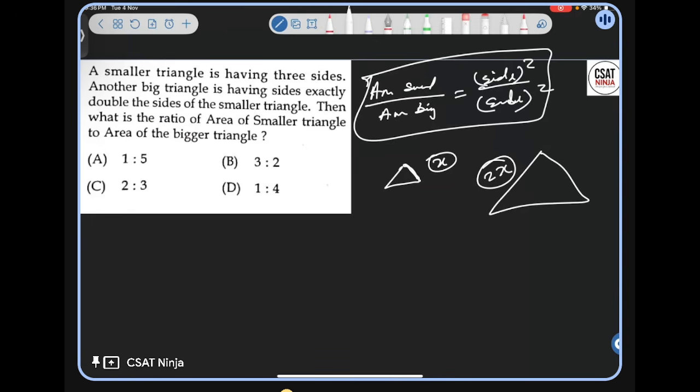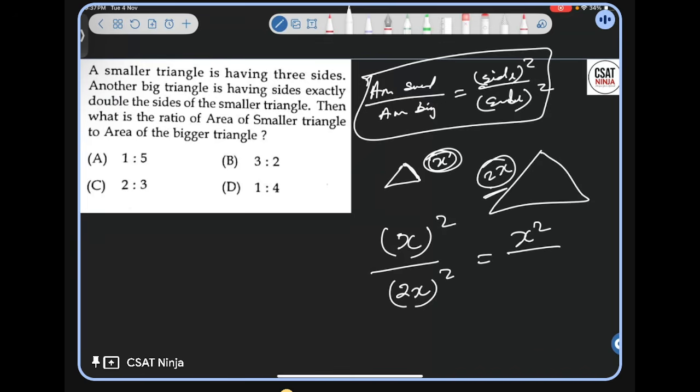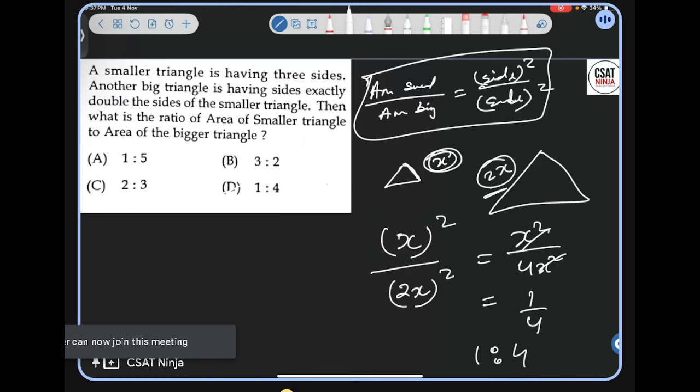So let us find the side ratio. If the side is x, x whole square divided by the other side, which is 2x whole square. So x square divided by 2 square x square. 2 square is 4, and x square cancels. So it will be 1 divided by 4. It will be 1:4, which is option number D, the answer there.